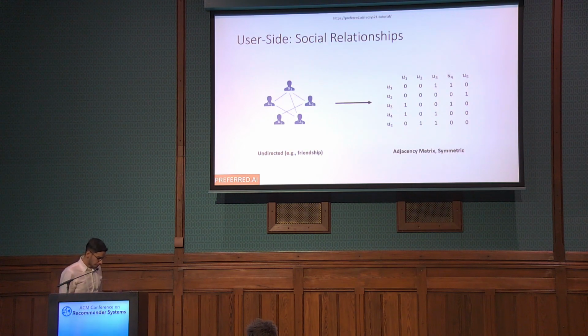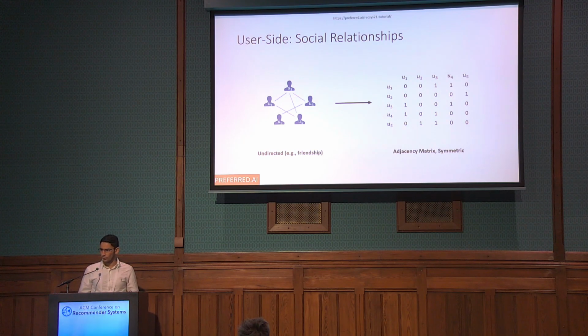Okay, so when we talk about graph data, it can either come from the user side, and we will be first focusing on the user side. These are social relationships, like friendship, for example, which are often undirected relationships between users.